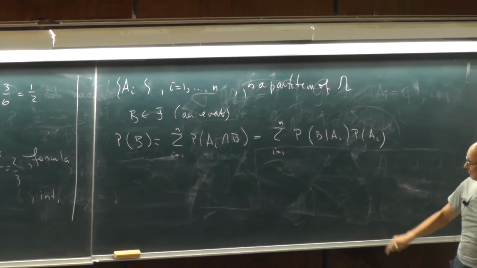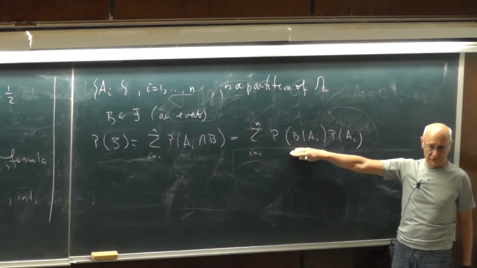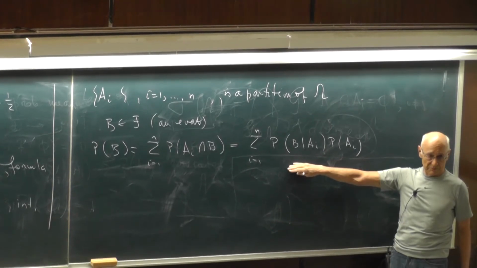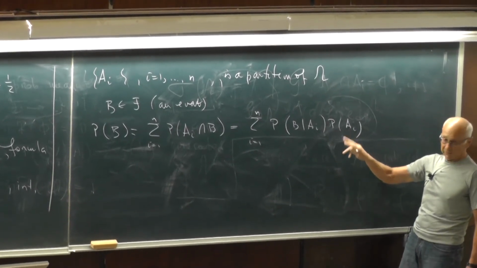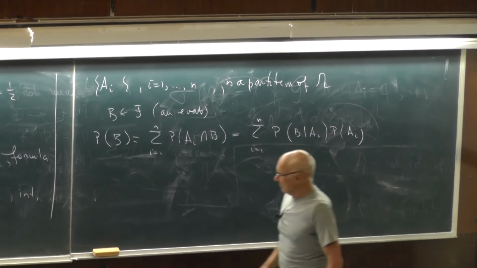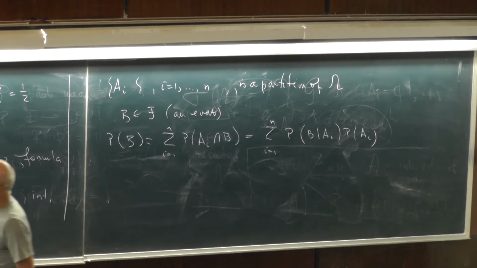Let's make sure it works. Conditional probability is the probability of B intersection A_i divided by the probability of A_i. Constant, we have it. So now Bayes formula, which is something quite similar.